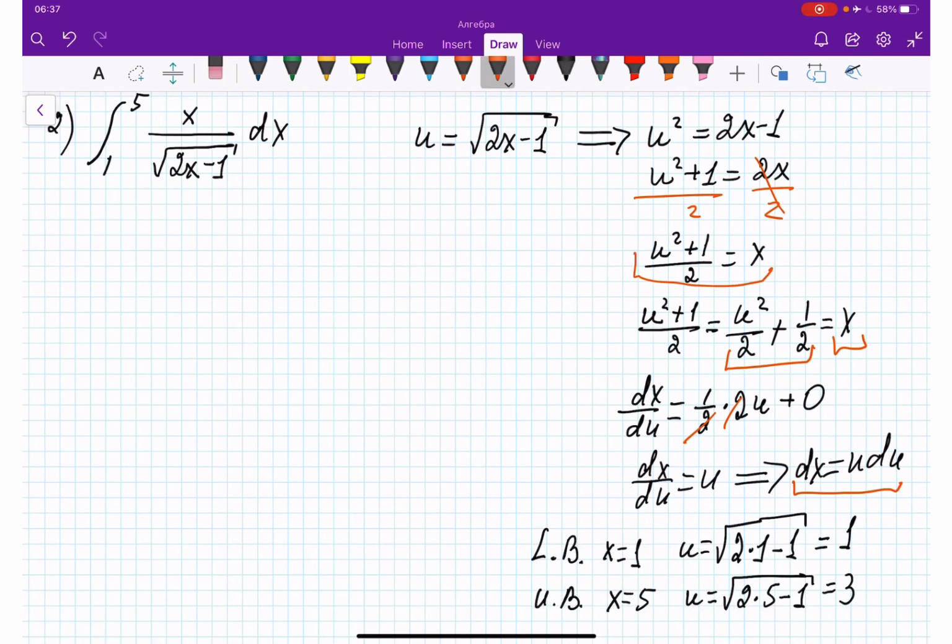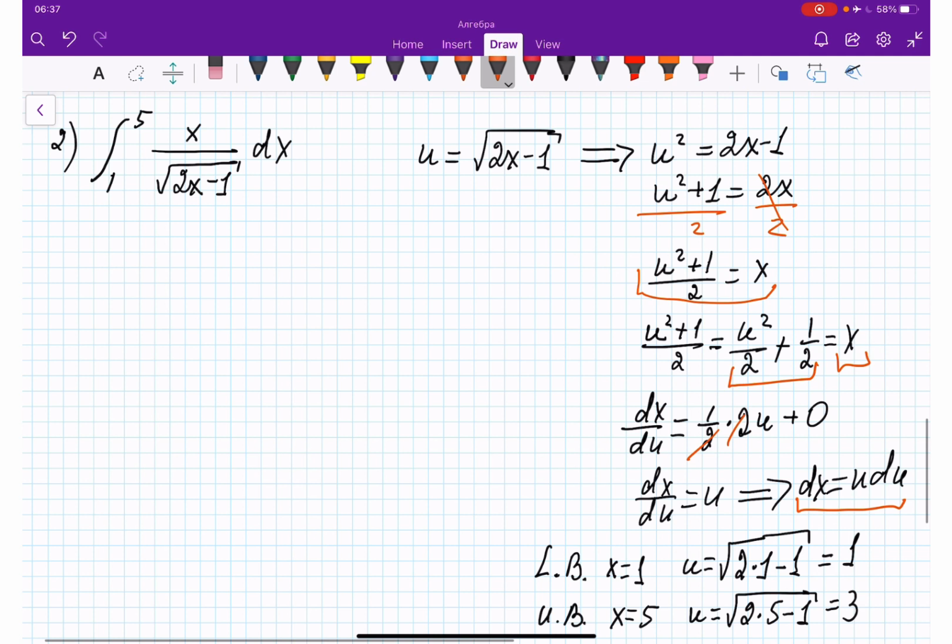So let me now write out everything we did and what we're going to replace here. We need to replace x, square root of 2x minus 1, and dx. Our component is going to be x equal to u squared plus 1 over 2, right?